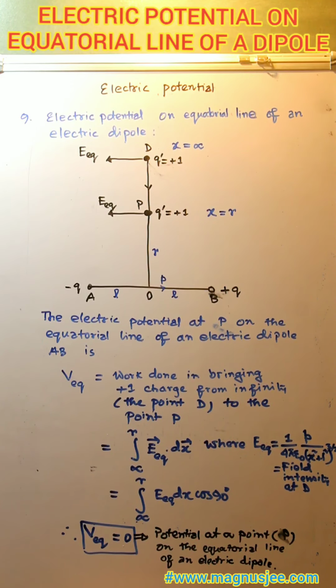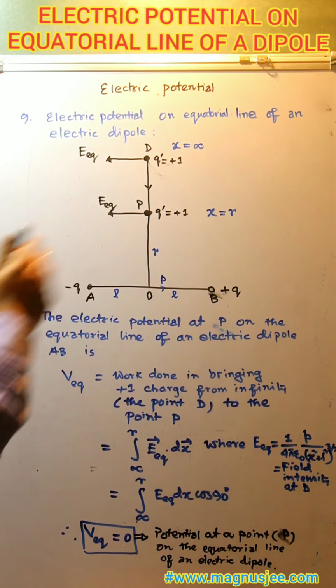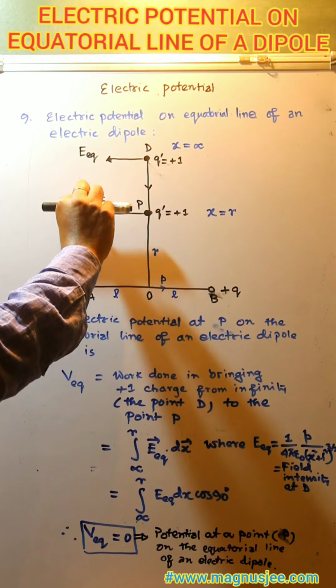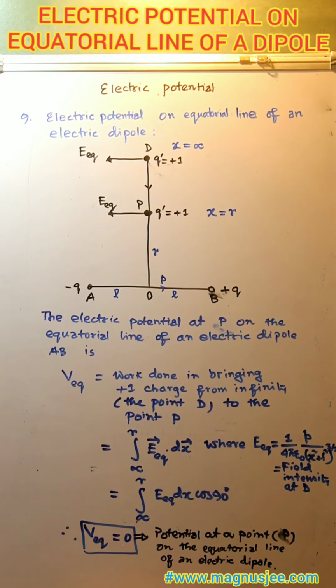So mainly electric potential will be zero at any point on the equatorial line, because the force on the unit positive charge, that means the field intensity, acts at right angles to the displacement of the unit positive charge. That's why electric potential is zero.